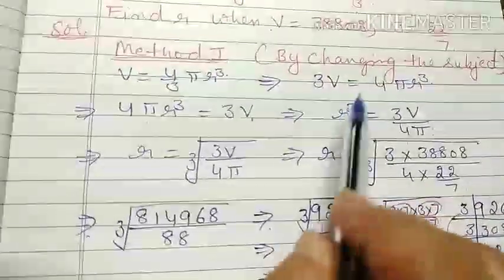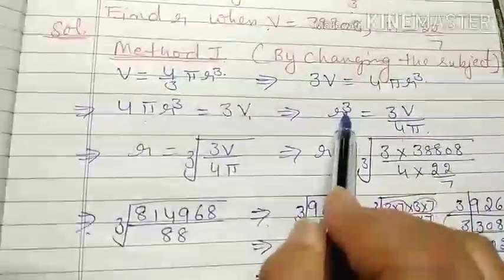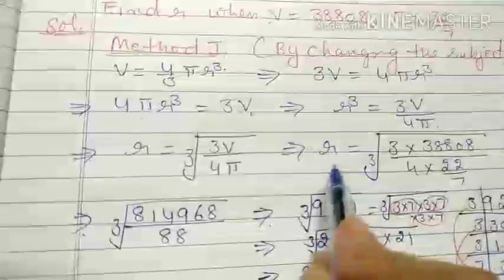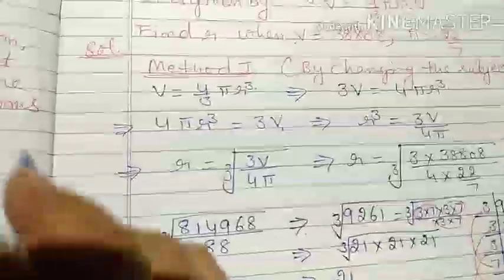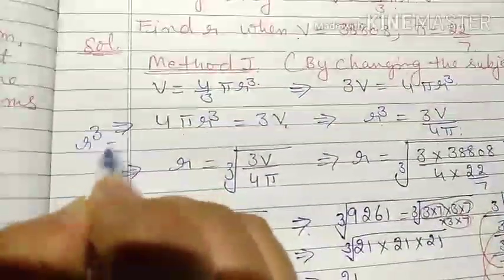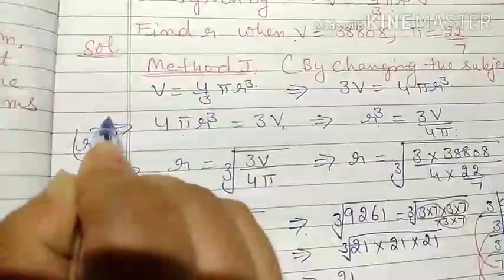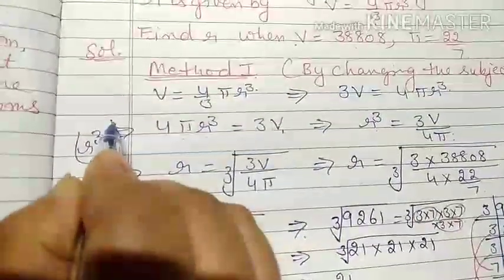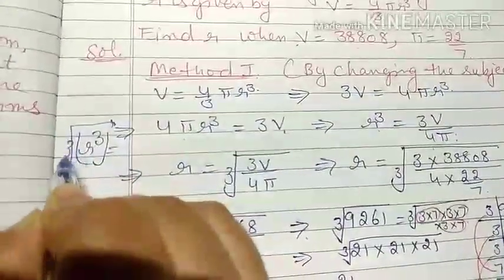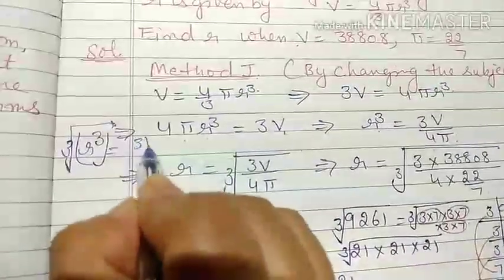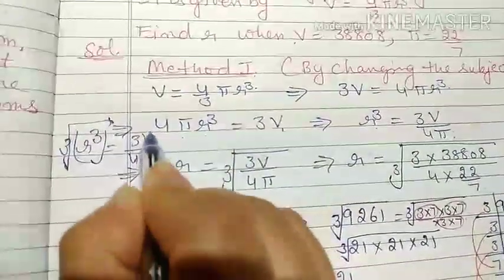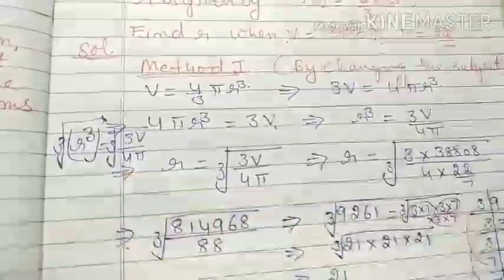Now this is cubed. When you want to remove the cube, you have to take the cube root on both sides, like this: r cube raised to power 1 by 3. Either you can take the cube root directly, or take the cube root of 3V by 4 pi on both sides.